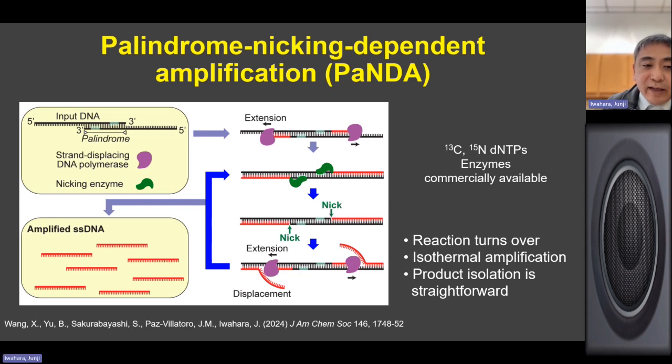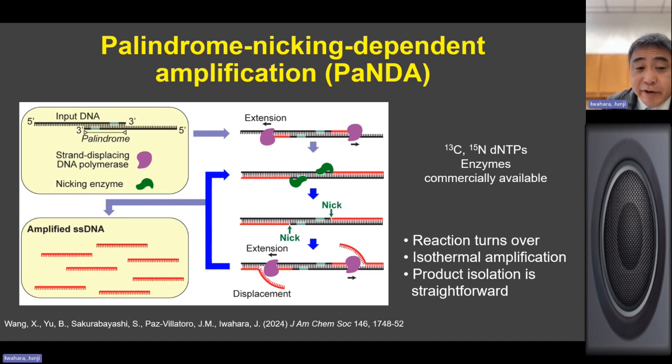And the enzyme called strand-displacing DNA polymerase extends the strand using dNTPs. But this enzyme is a special polymerase, and it can also displace existing strands bound to the template.